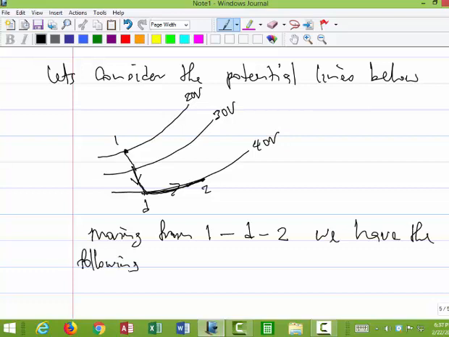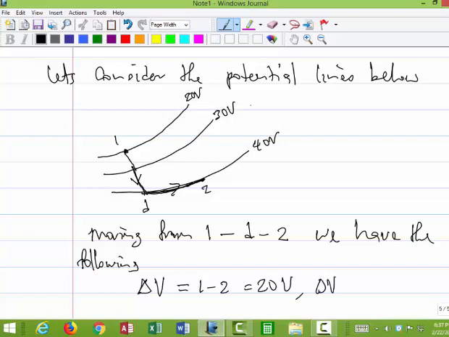Moving from 1 to D to 2, delta V from 1 to 2 is equal to 20 volts.